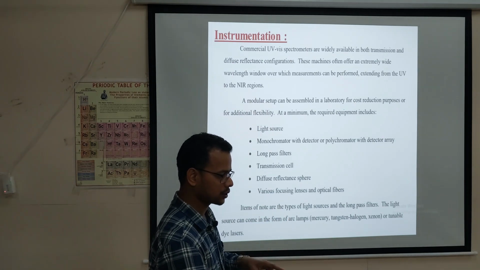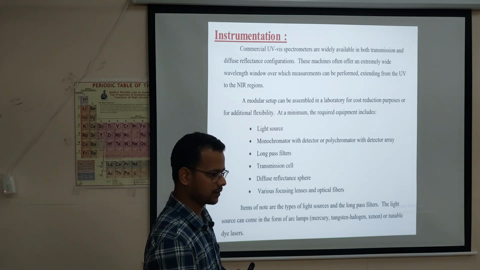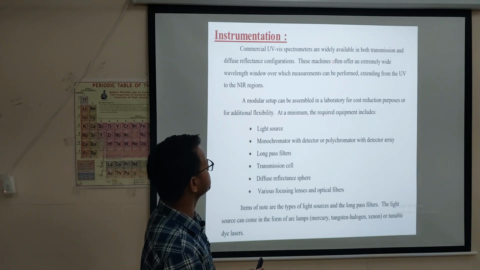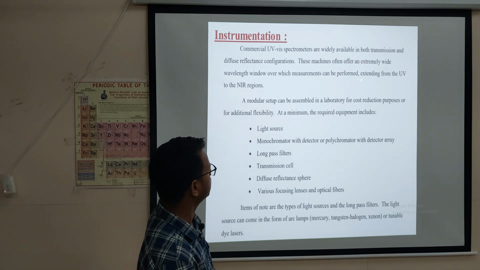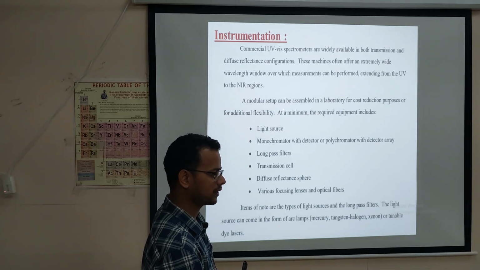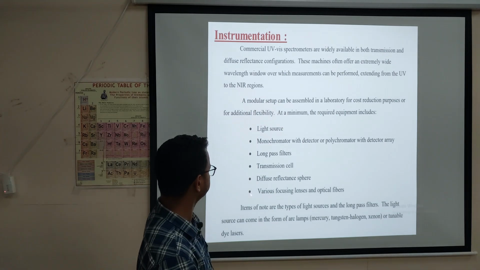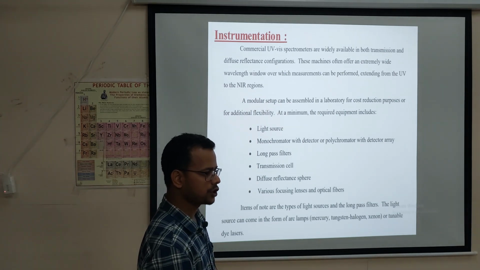That is why this instrument is called UV visible DRS. These machines often offer an extremely wide wavelength window over which measurements can be performed, extending from UV to near infrared regions. So these are the setups in UV visible DRS spectroscopy.